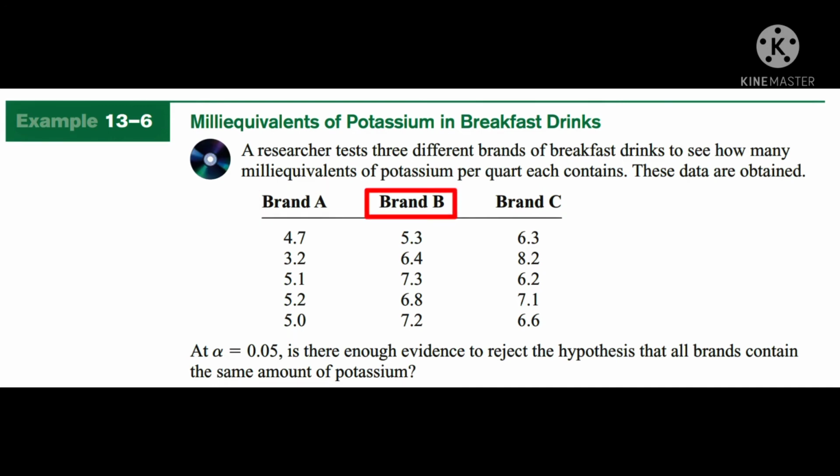Brand B, we have 5.3, 6.4, 7.3, 6.8, and 7.2. Under brand C, we have 6.3, 8.2, 6.2, 7.1, and 6.6. At alpha 0.05, is there enough evidence to reject the hypothesis that all brands contain the same amount of potassium?